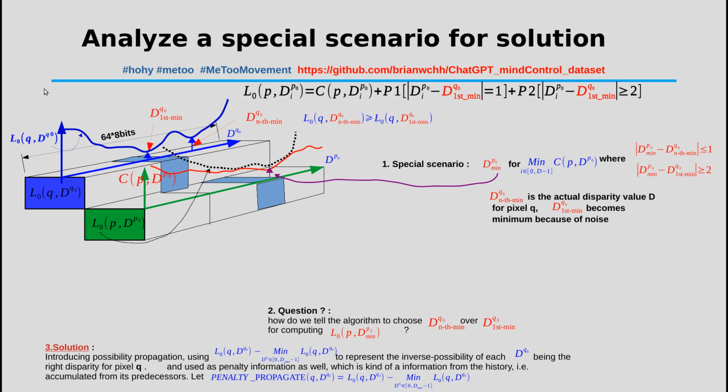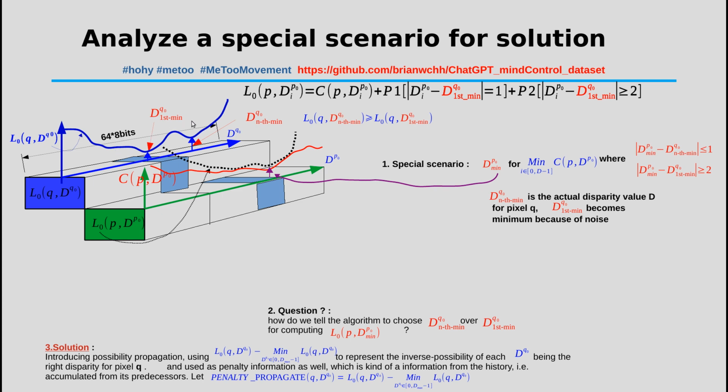Okay, what's the right way to say it? Predecessors in this direction. So it has accumulated this history information, meaning the path information from all the previous predecessors says that you're being in the minimum position of the disparity.